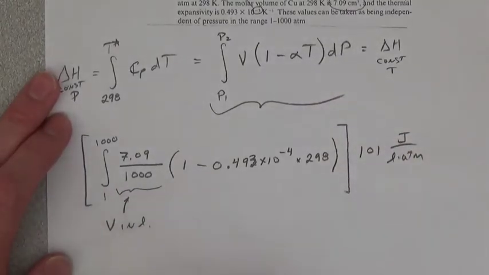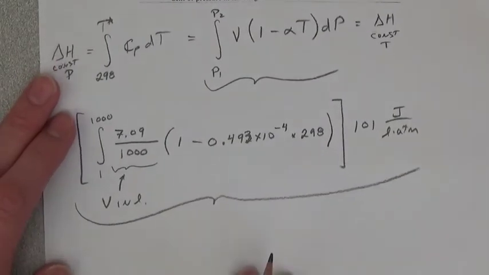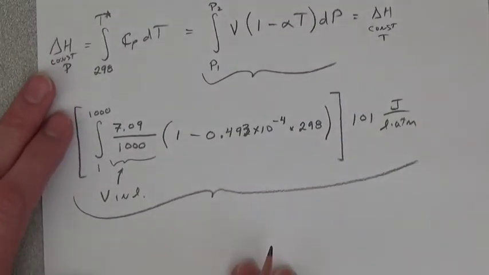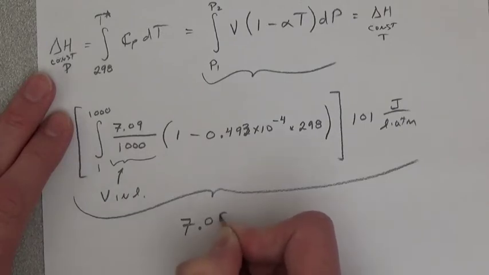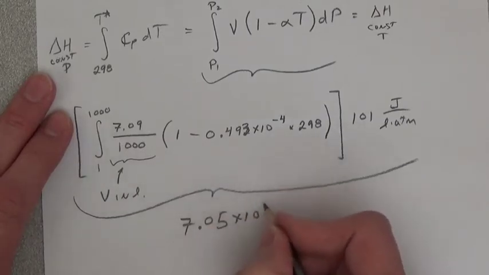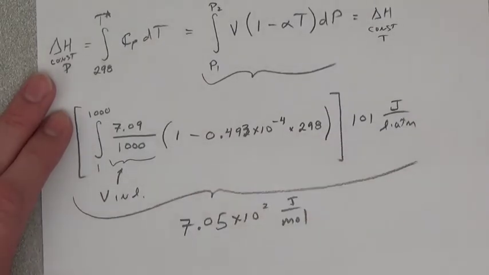And if you do this, what comes out of this is 7.05 times 10 to the 2 joule per mole. Okay.